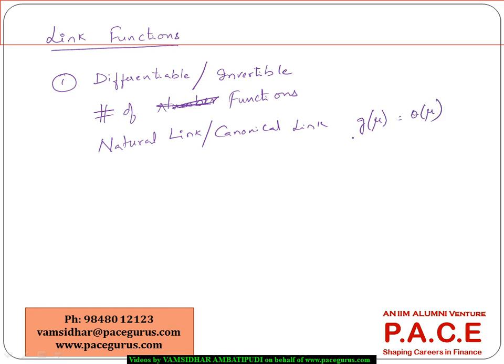Theta is the one that is coming from the natural parameter. Theta is my natural parameter as a part of the exponential family of distributions.